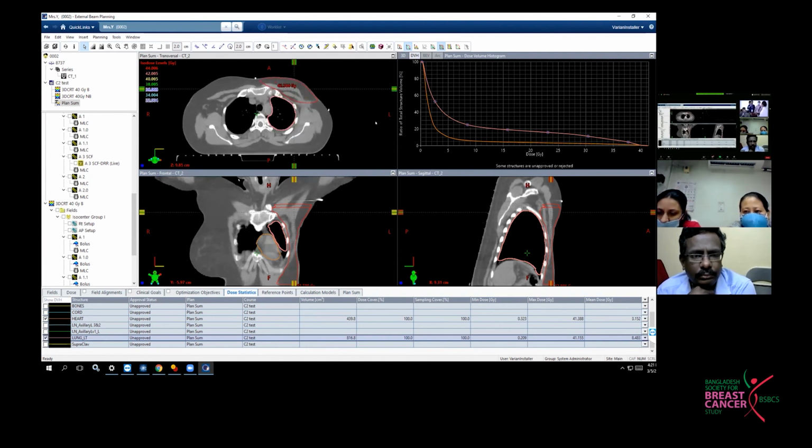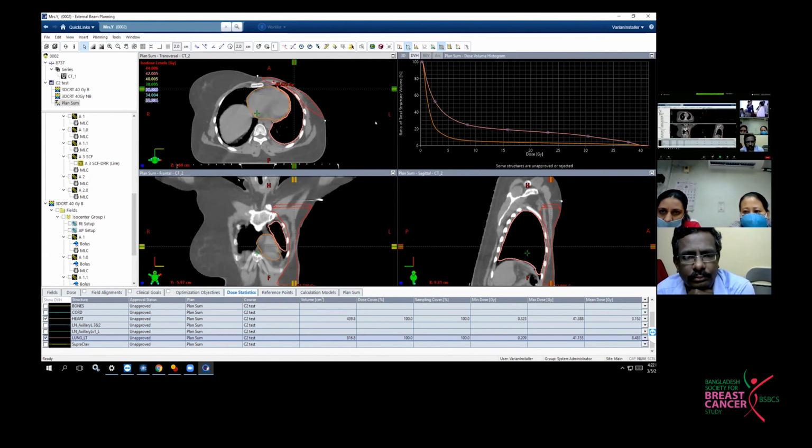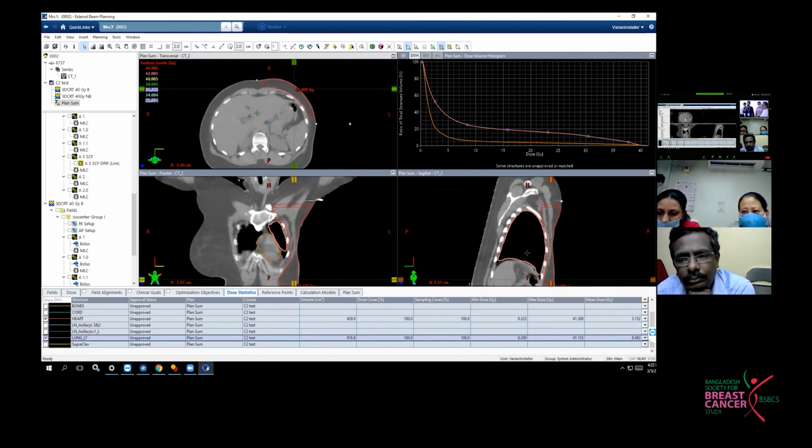Okay. One question from Dr. Ishtiaq. I have a question. During simulation, do you always practice the deep inspiratory breath hold technique, especially for left breast lesion?